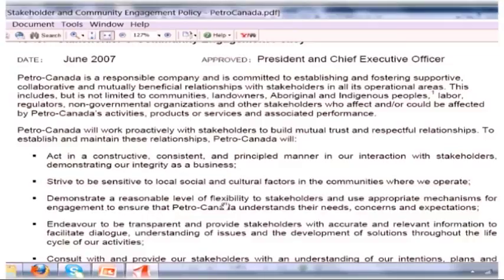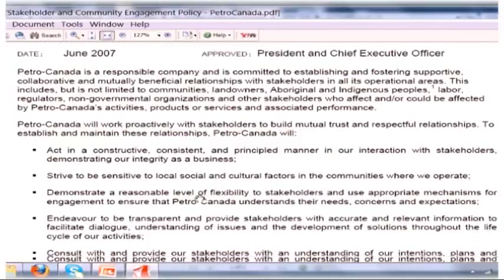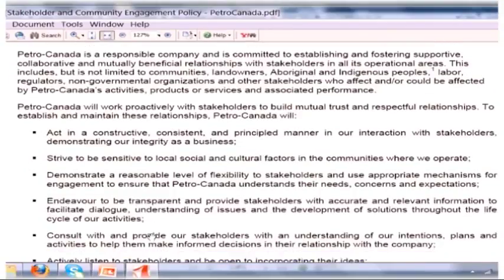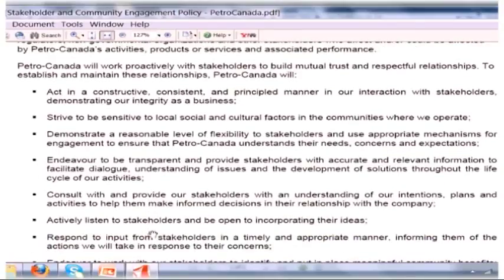Demonstrate a reasonable level of flexibility to stakeholders and use appropriate mechanisms for engagement to ensure that Petro-Canada understands their needs, concerns, and expectations. Endeavor to be transparent and provide stakeholders with accurate and relevant information to facilitate dialogue, understanding of issues, and the development of solutions throughout the life cycle of our activities.